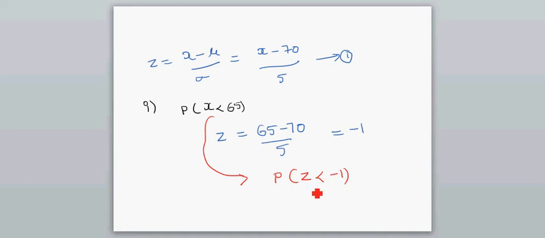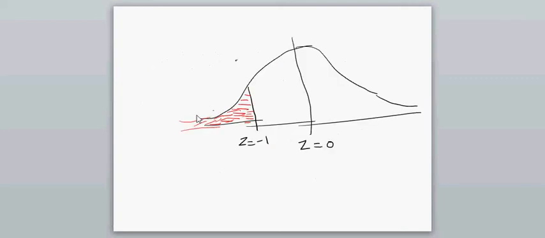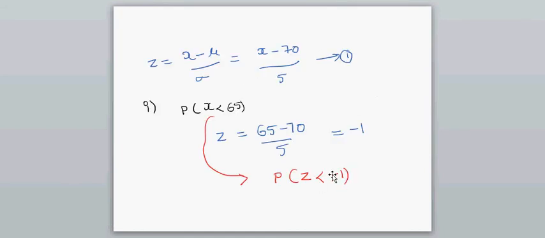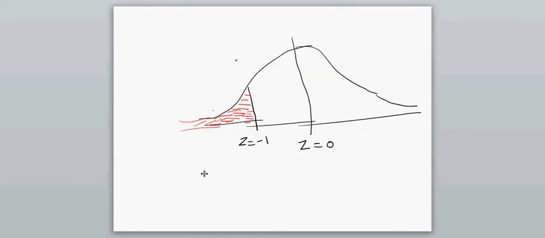Now how do you calculate this probability Z less than minus 1? By using the normal distribution table we have to calculate the area. Let me indicate the point Z is equal to minus 1 in the normal curve. It will be left of Z is equal to 0, and we want the probability that Z is less than minus 1, so it will be left of the Z is equal to minus 1 line.